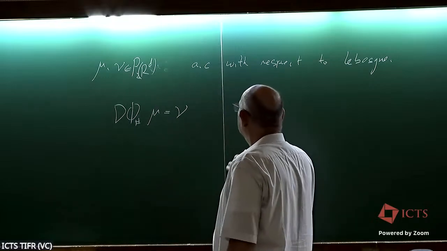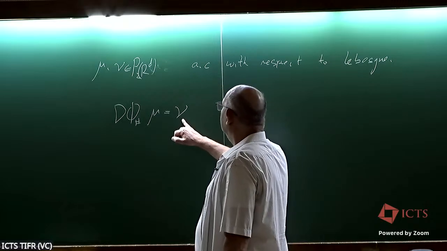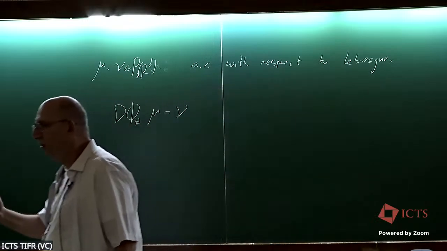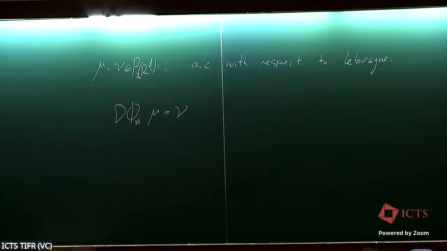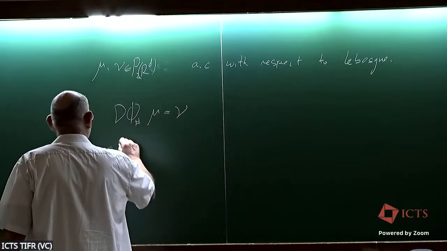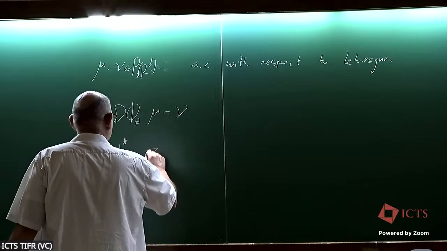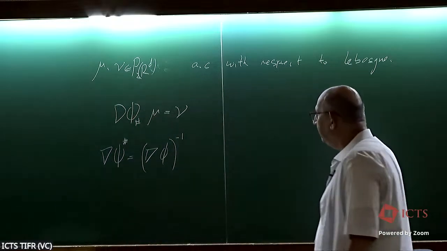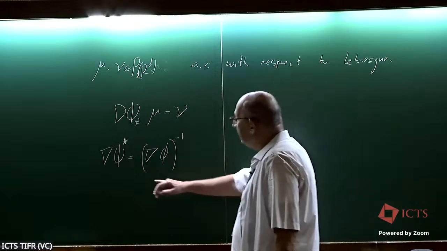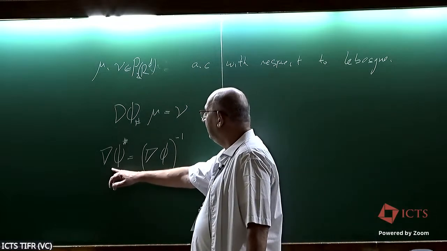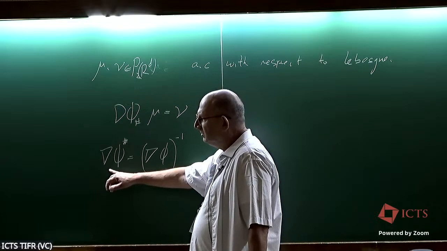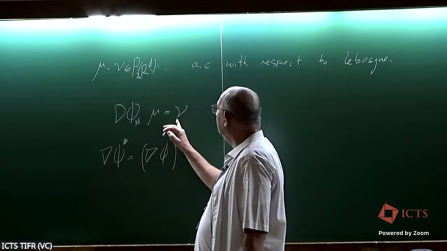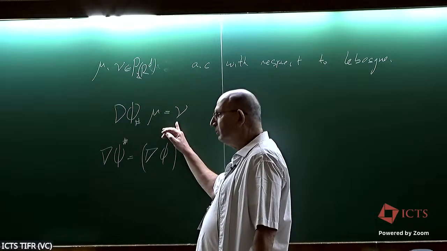But in order to have an inverse mapping that pushes nu to mu, we have to take the Legendre transform of phi. The gradient of the Legendre transform of phi is the inverse of the gradient of phi, for a convex function. But again, this is defined only on a set which is almost everywhere with respect to the Lebesgue measure. So we need also nu to be absolutely continuous with respect to the Lebesgue measure.